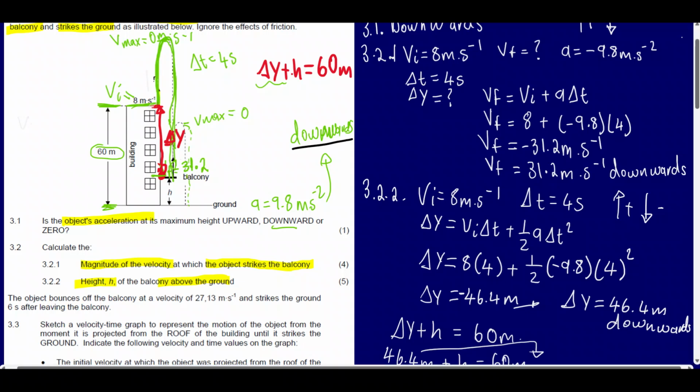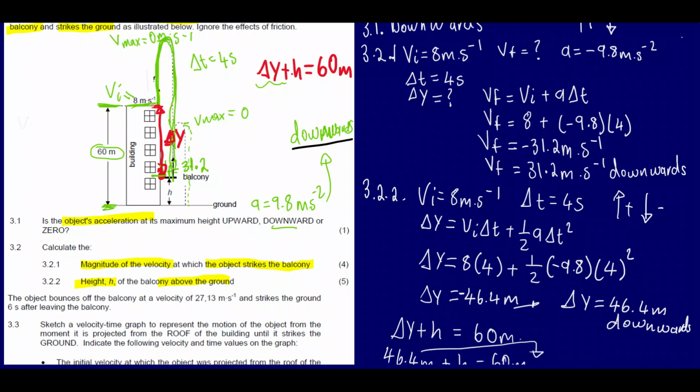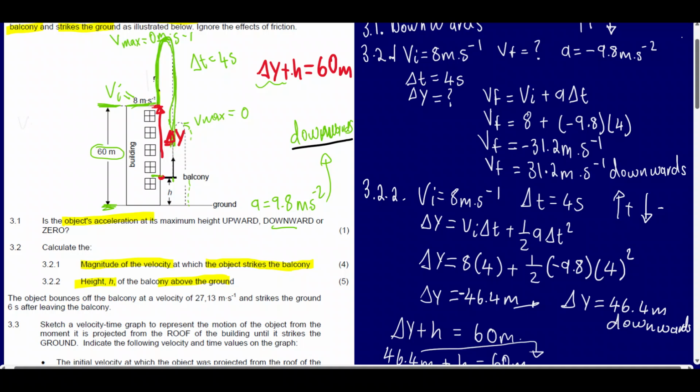Now, if you pay attention to this, we have the initial velocity that the object started moving with, which is 8 meters per second, and then we have the velocity for it to hit the balcony, which was 31.2.